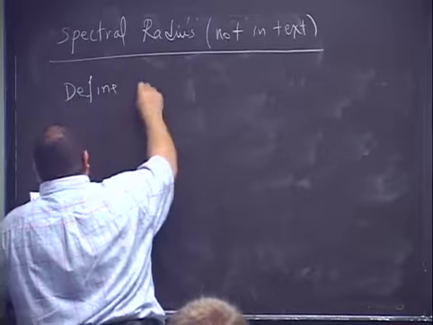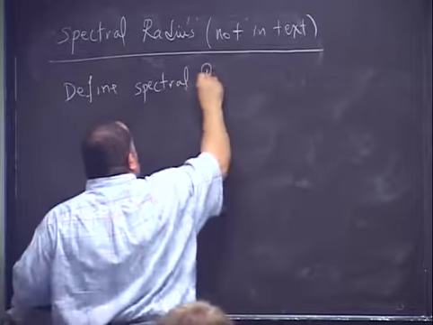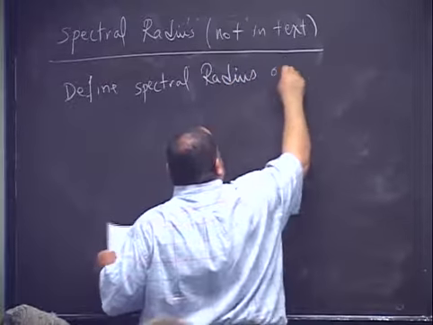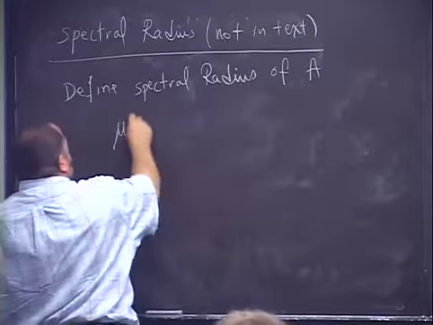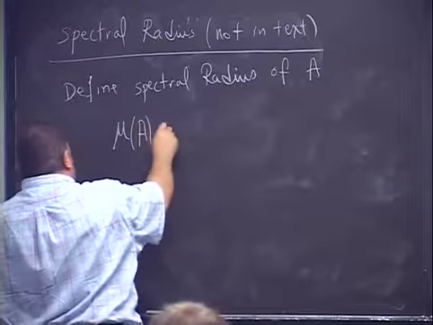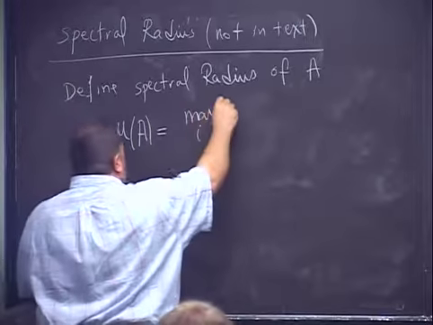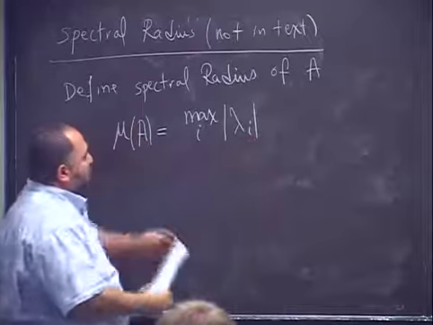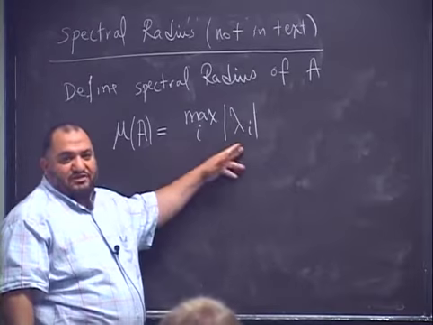We will define the spectral radius of a matrix A as mu of A, and it is equal to the maximum over i of all the lambda i. So it is the maximum of the eigenvalues of the matrix.